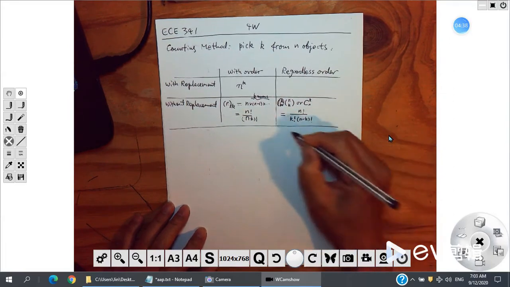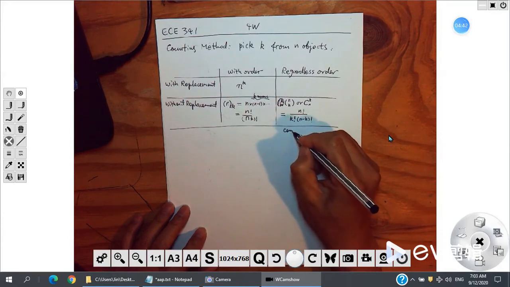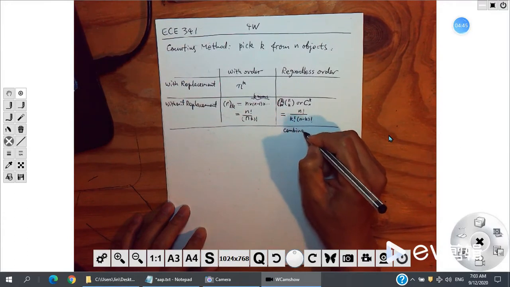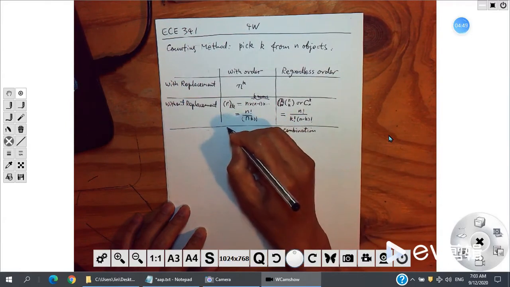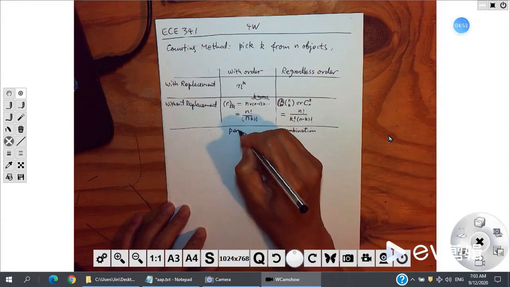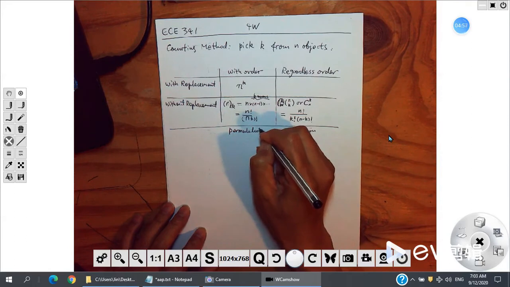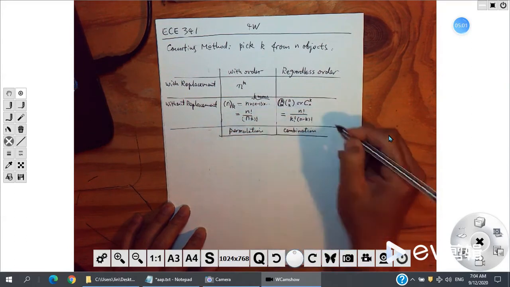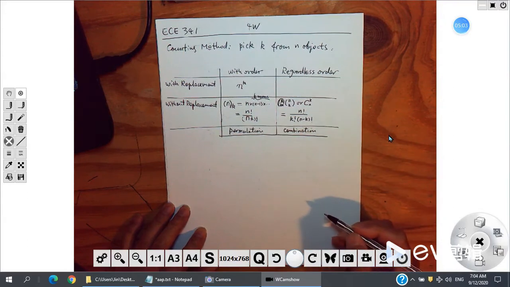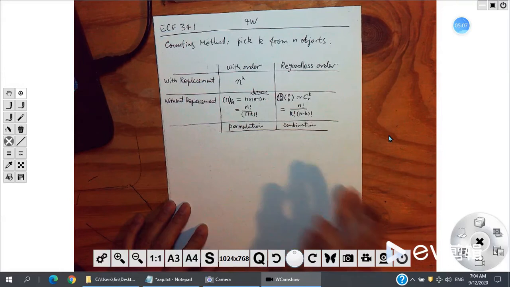This number we call a combination, and the other we call the permutation. So this is what we studied last time.